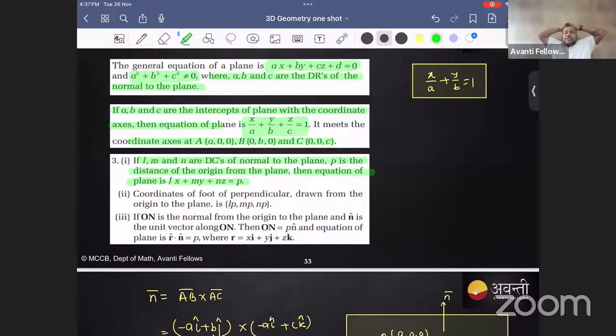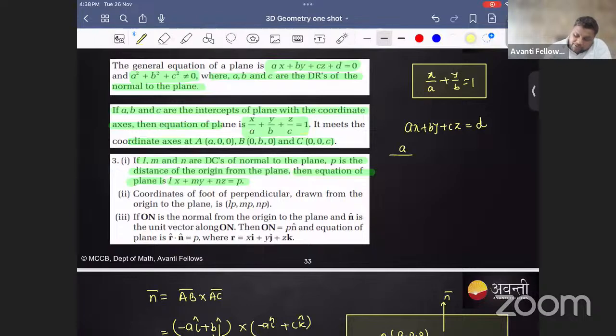So what does it mean? That means this is the equation of a plane, say Ax plus By plus Cz equals to some D. Direction ratios are A, B, C. Now, if you convert these direction ratios A, B, C into direction cosines, how to convert into direction cosines? Divide by magnitude, means make Ai plus Bj plus Ck a unit vector.